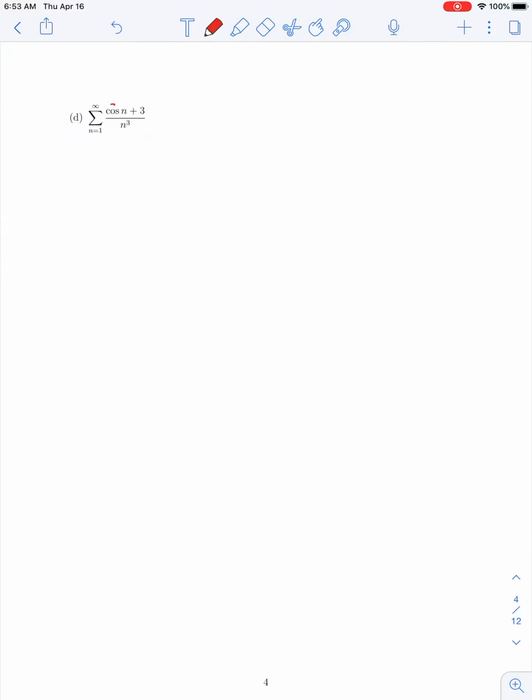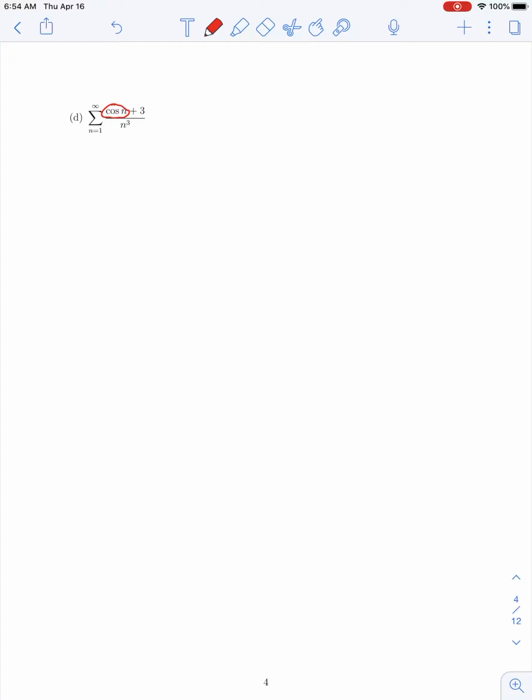However, I have this extra cosine of n term in the numerator. So let's think about how we could compare this series with the p series 3 over n cubed. Now we know 3 over n cubed would be converging by the p series test, since the power of p would be 3, it's greater than 1.